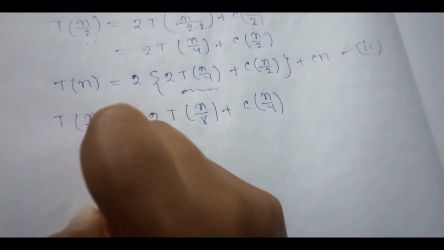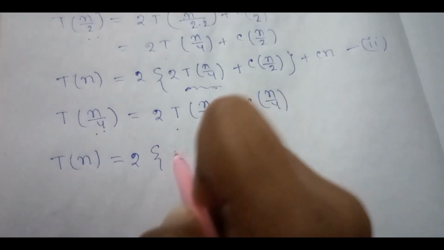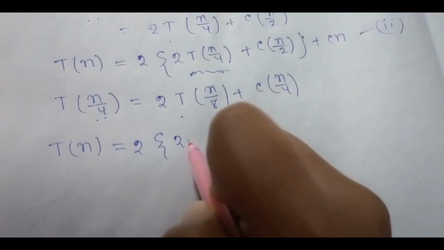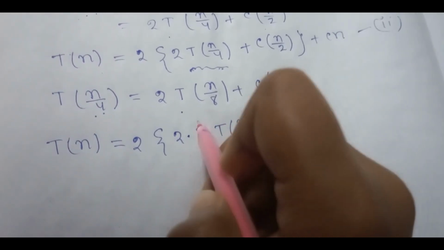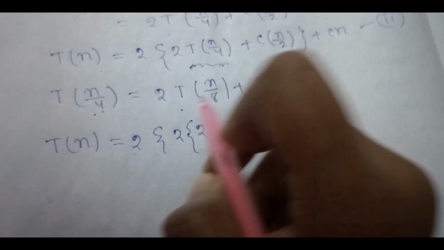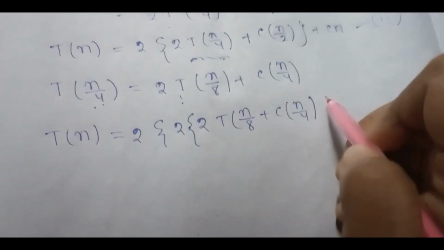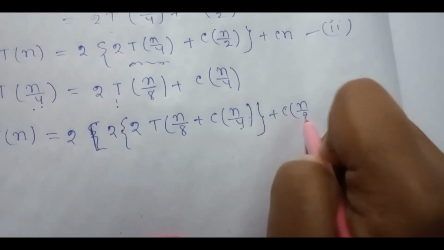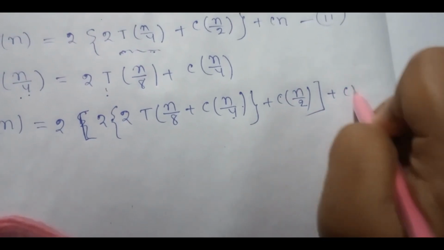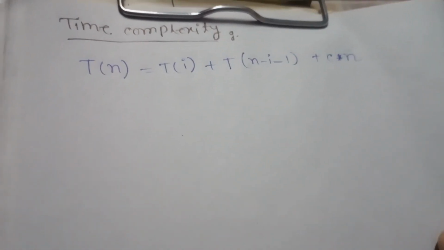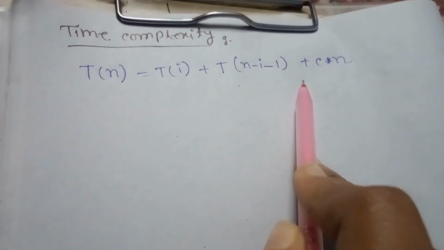Now putting the value of T(n by 4) in equation number 2, we get T(n) is equal to 2 times 2 times 2T(n by 8) plus C n by 4, plus C n by 2, plus Cn.